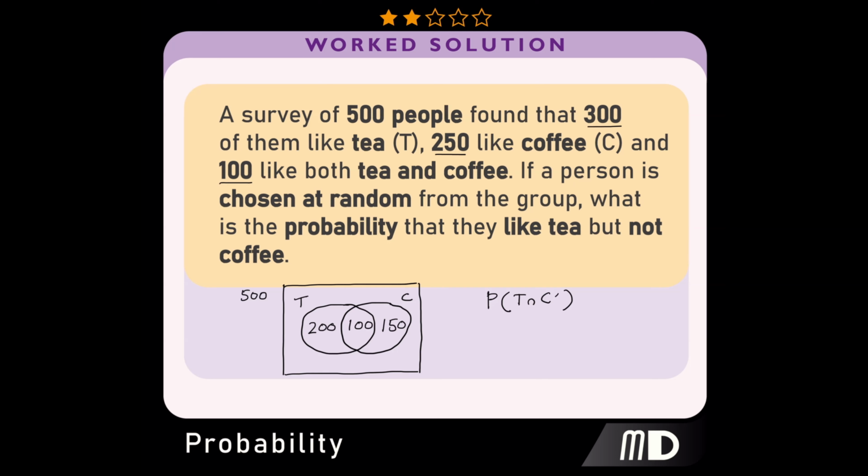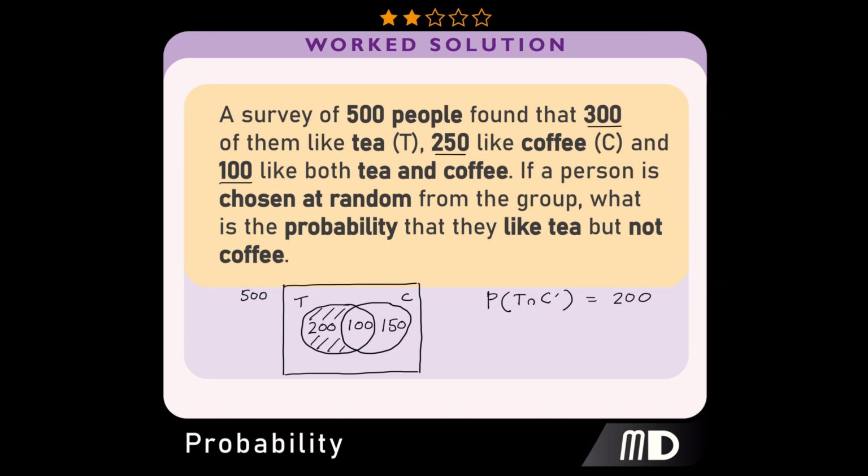The part of the Venn diagram that represents the set of people who only like tea is the left side. And the value in that part of the diagram is 200. So there are 200 people who like tea but not coffee.